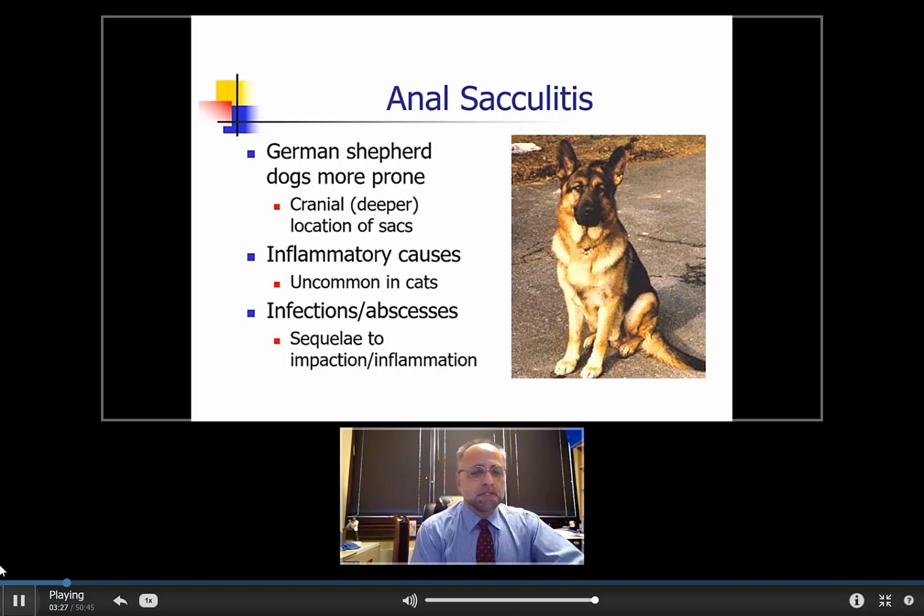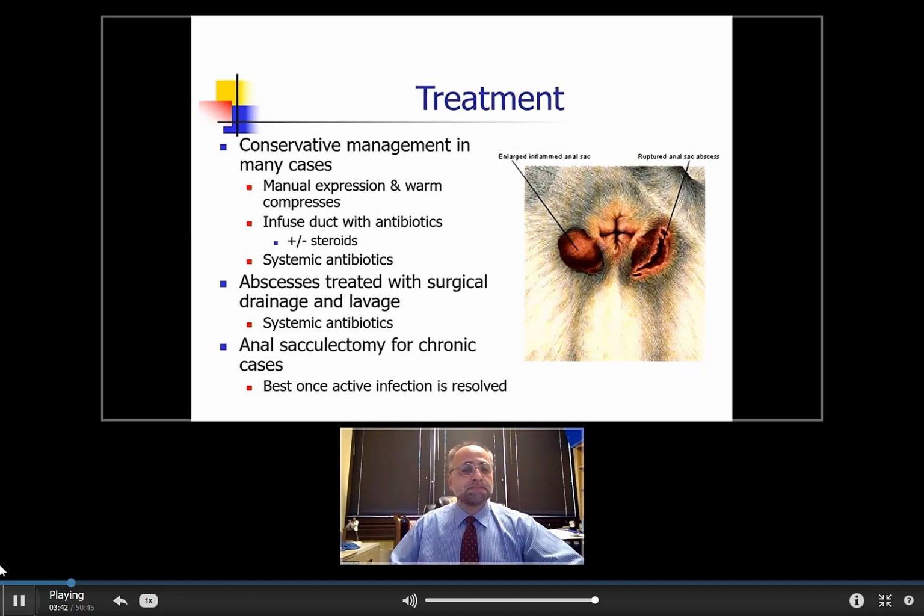Again, as far as what causes the infection, it is believed to be secondary to an impaction of fecal material in the duct, maybe secondary to inflammation that eventually becomes infected. As far as treatment goes, most of the time with typical anal sacculitis, we will treat these conservatively.